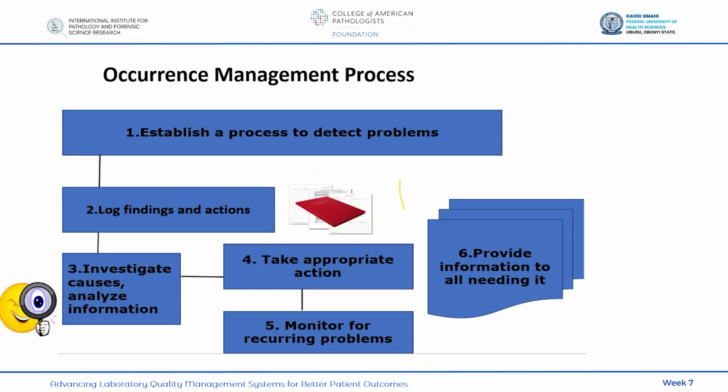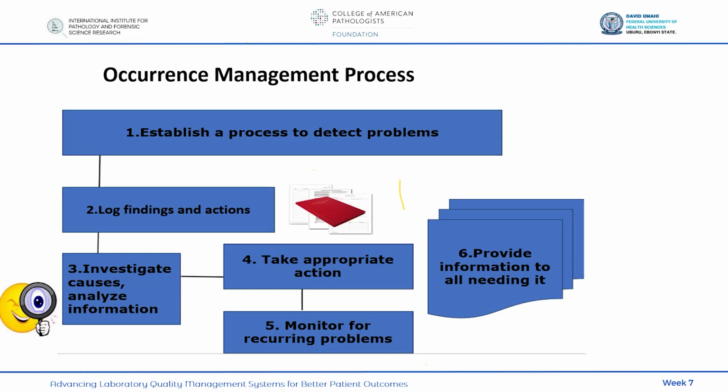Okay, so after logging the findings, apart from the incident form, I said we'll also analyze our customer satisfaction, that's our customer survey, and then accreditation reports, EQA reports, internal audit reports.